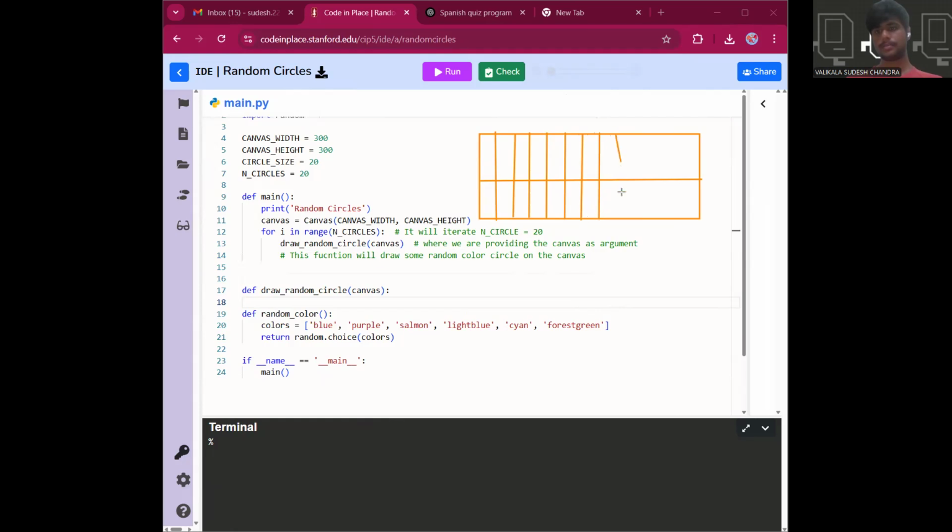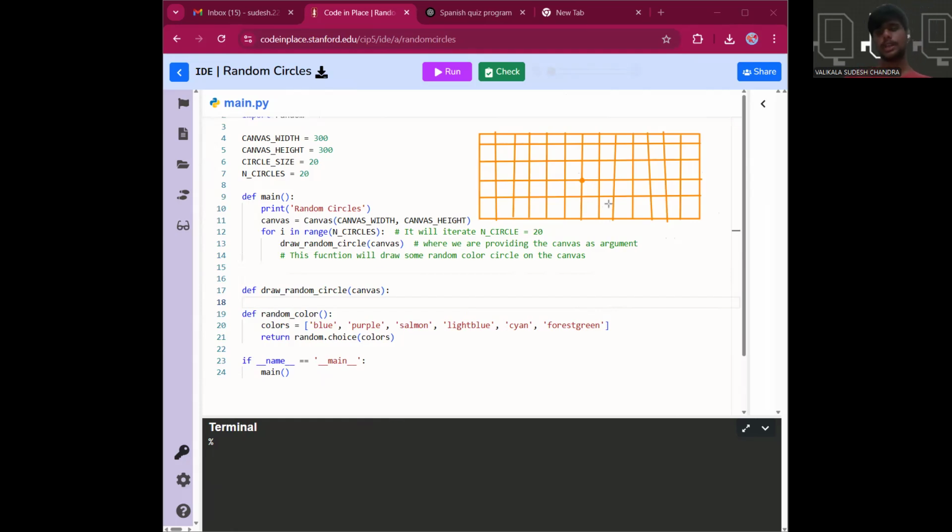Okay. Now consider this is the paper. This is 0 comma 0.